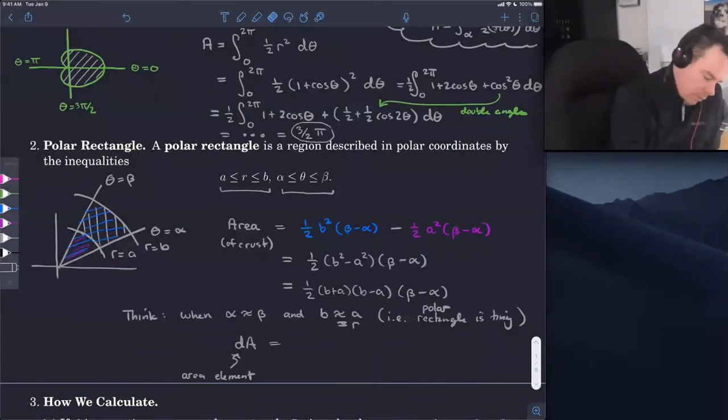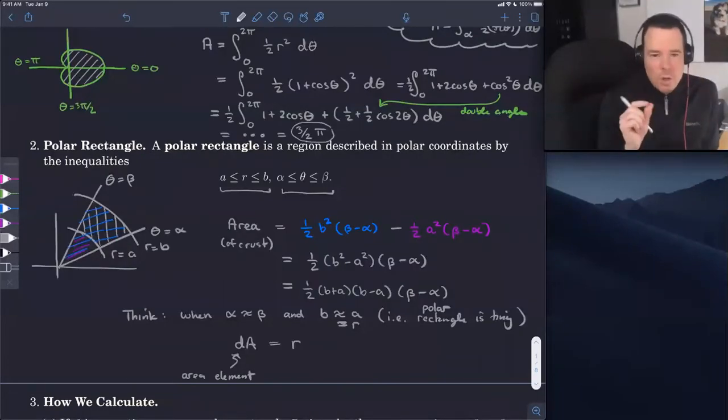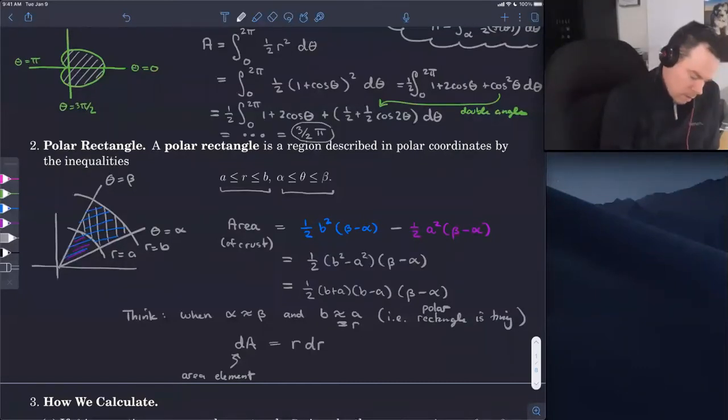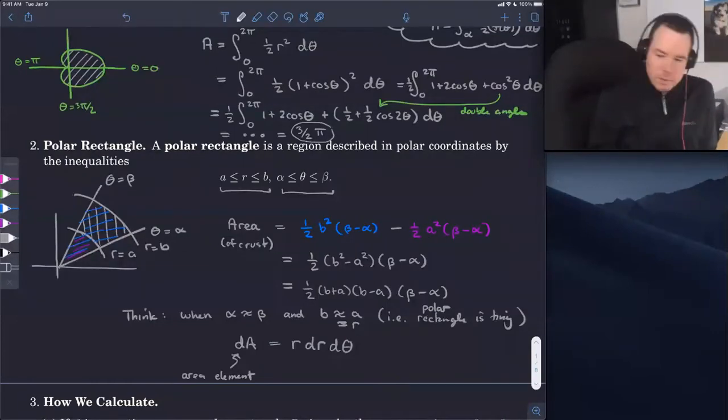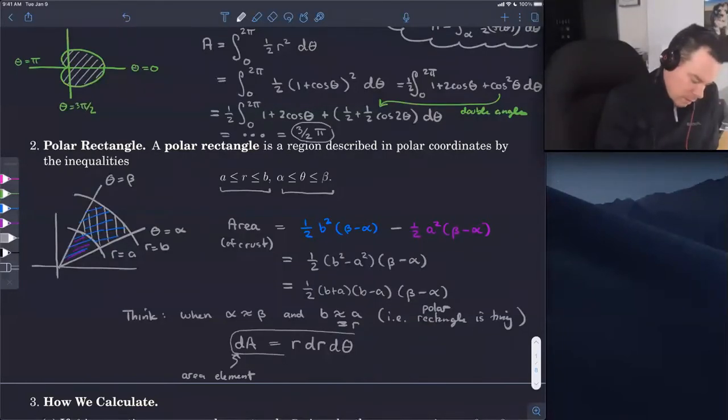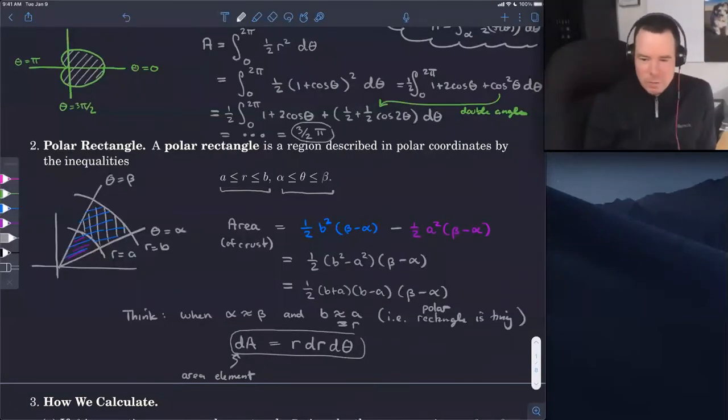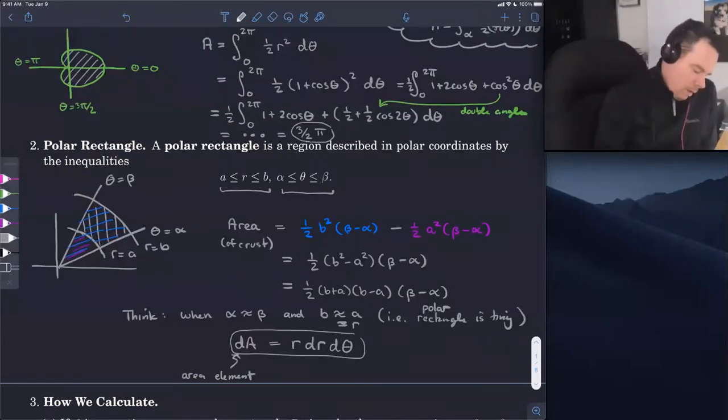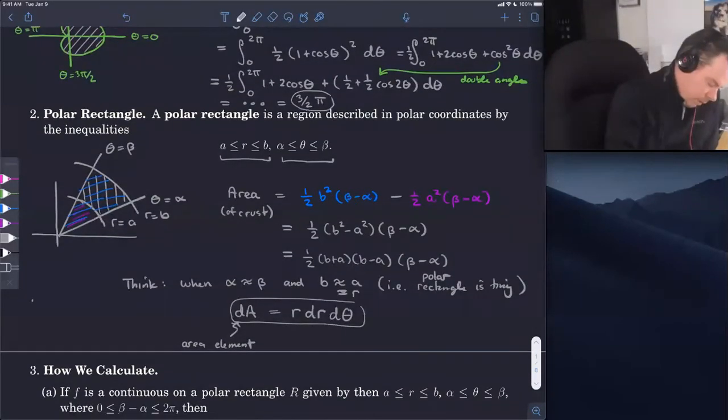So I can get rid of the half now and just write it as r. B minus a is just the small change in the radius, so that's our dr. And beta minus alpha is just our small change in our angle, so that's d theta. So our area element, in terms of these differentials, is equal to r, the radius, times dr times d theta.